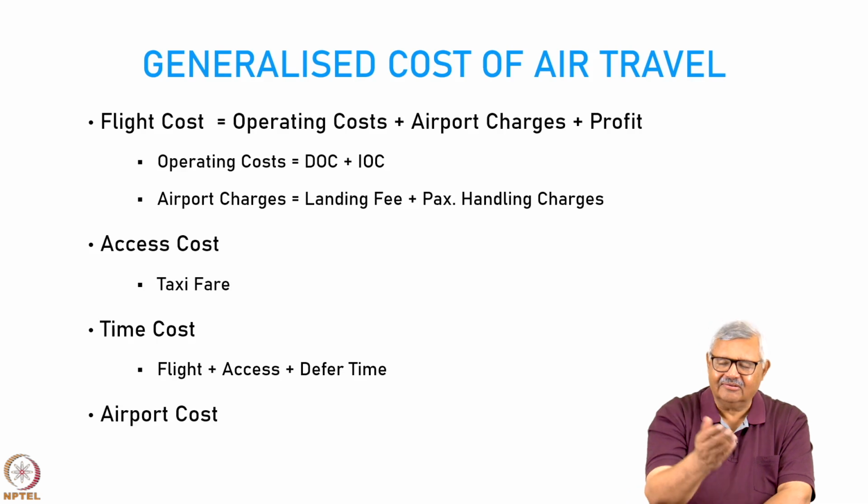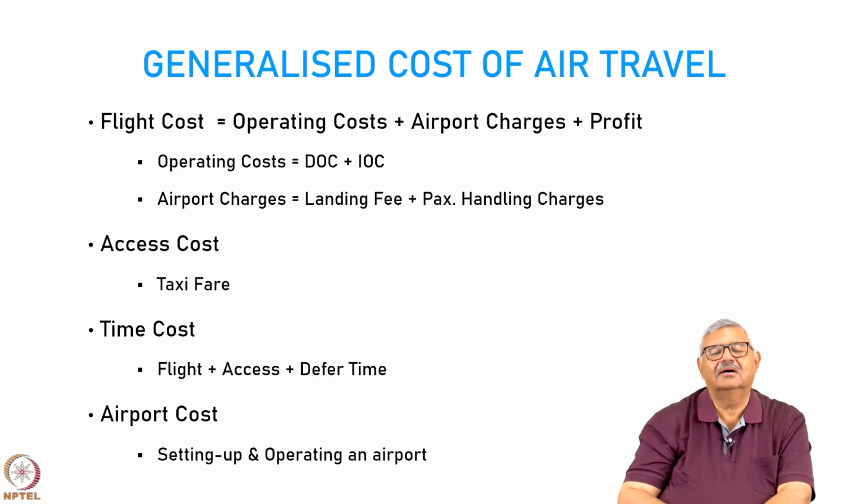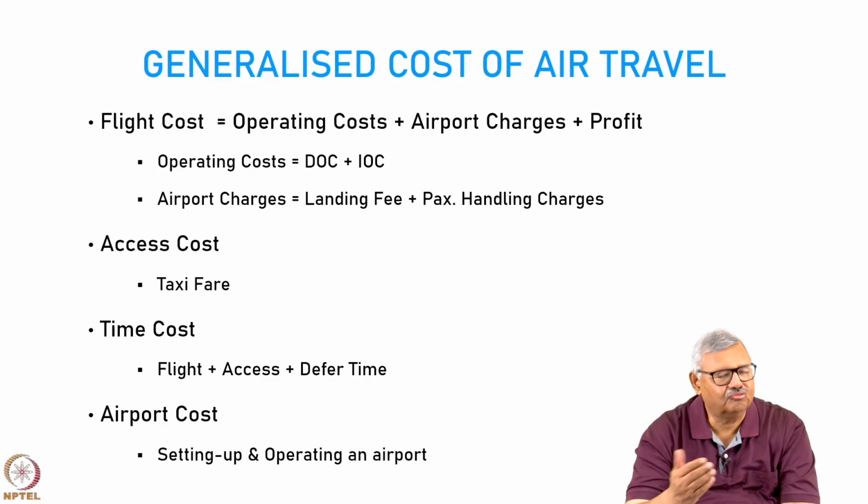And in case of an air travel, you have an infrastructure cost in terms of the airport, because some agency has invested money and created the airport in the first place. So, that particular cost of setting up and operating the airport has to be recovered.